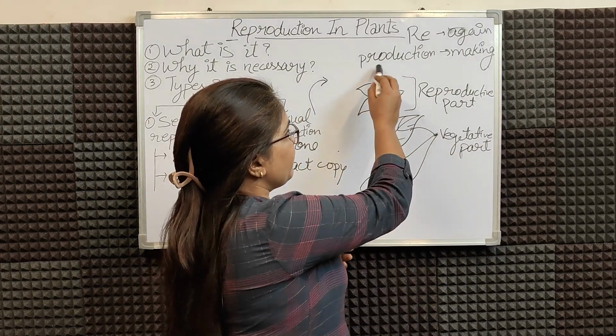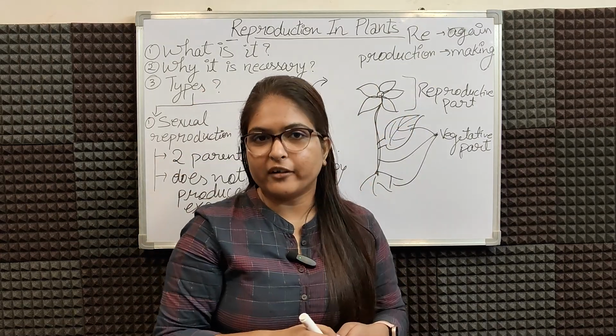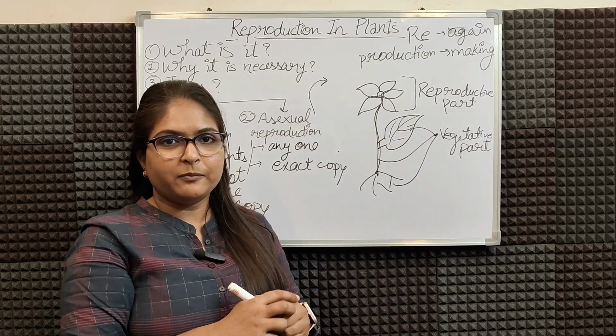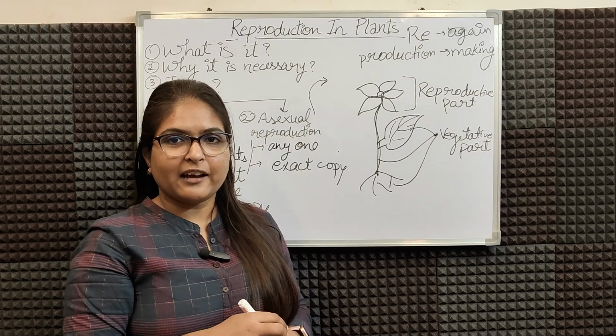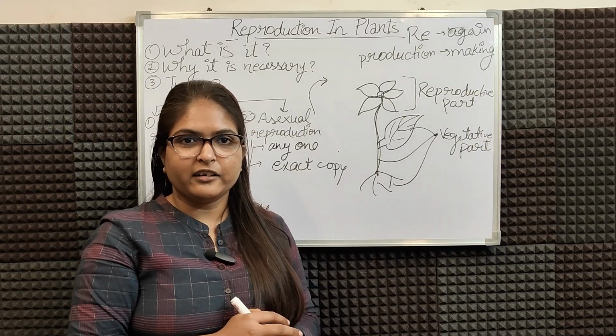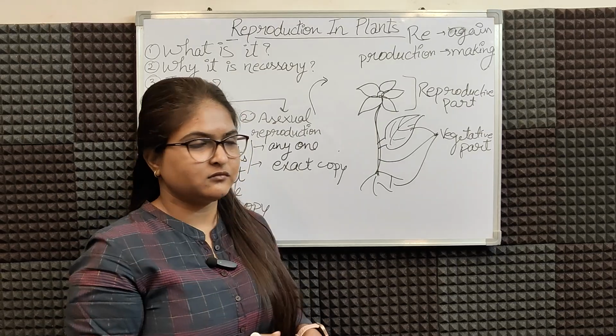But what about the flower? The flower is a very important thing in it. A flower has calyx, corolla, androecium and gynoecium. Calyx is the green part of the flower, that is, the leaves.